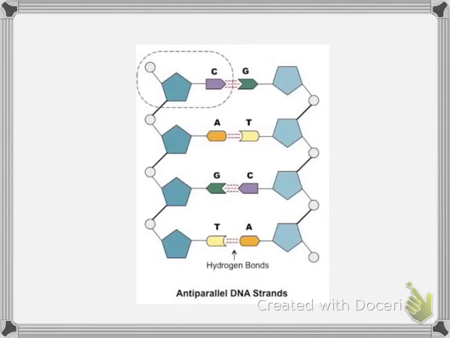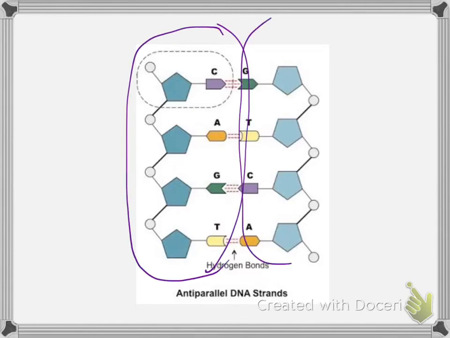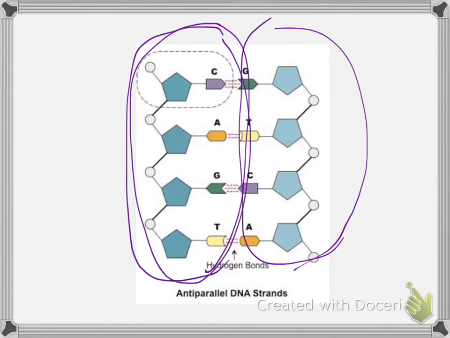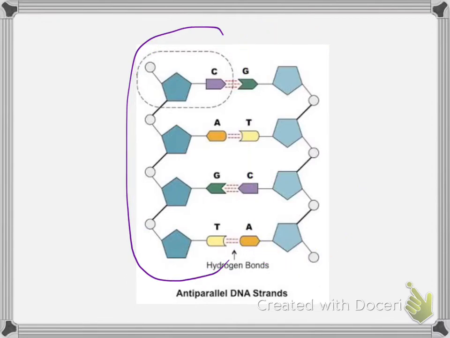So we can see a strand similar to this on the opposite side also. This is one strand and this is another strand. These strands are anti-parallel DNA strands, because here is the 3' end and here the 5' end.